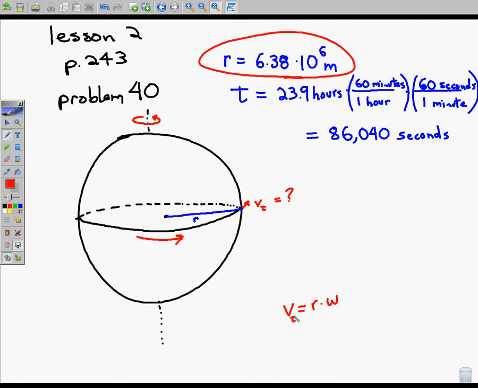Now, since we know the period, remember that this formula here, the angular displacement over the time, can also be written as omega equals 2 pi radians over the period.